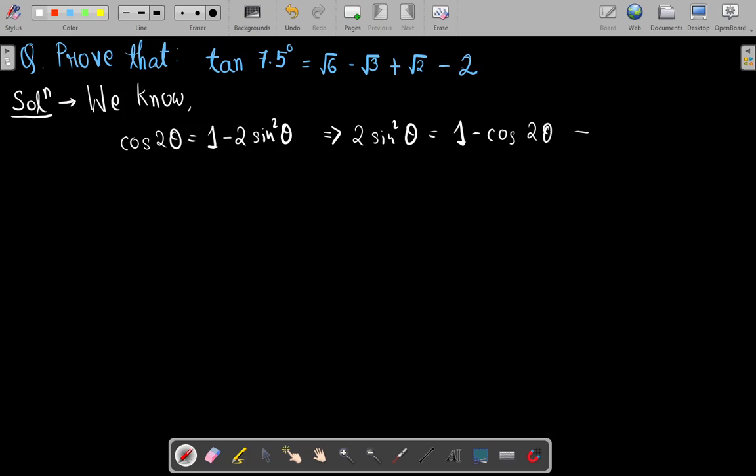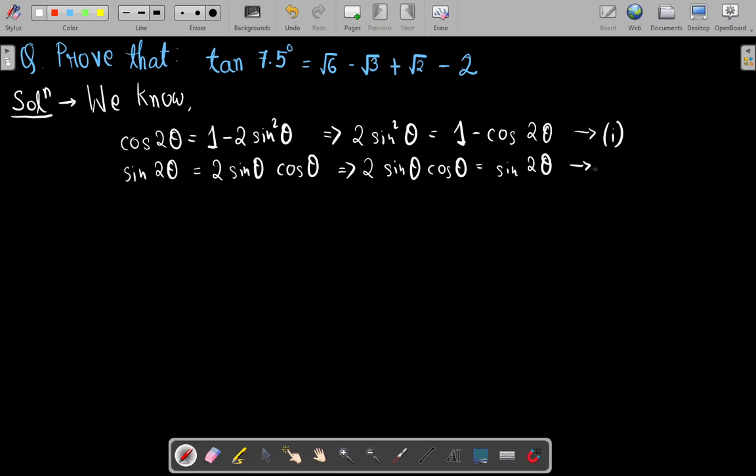Let us call this equation 1. We also have sine of twice theta equal to 2 times sine theta cos theta. Let me rewrite it with 2 sine theta cos theta on the left hand side: 2 sine theta cos theta equal to sine twice theta.